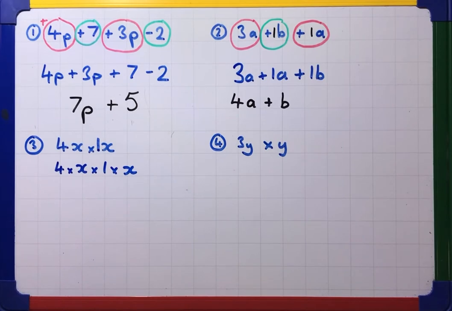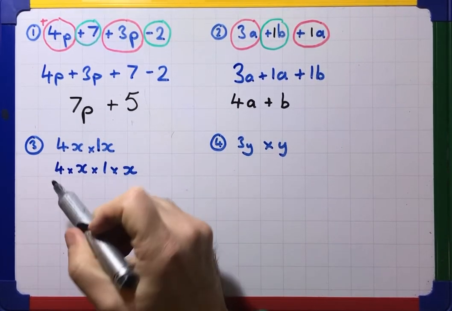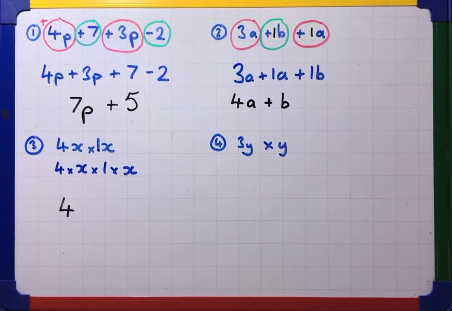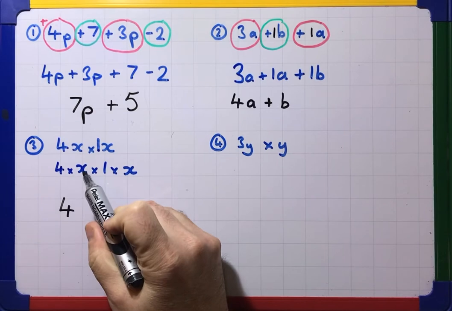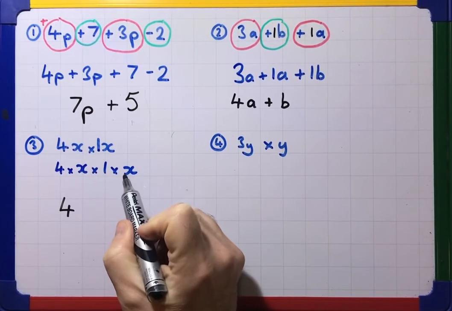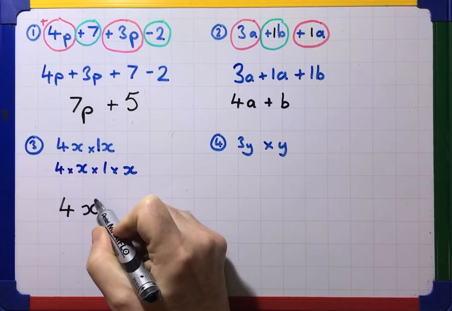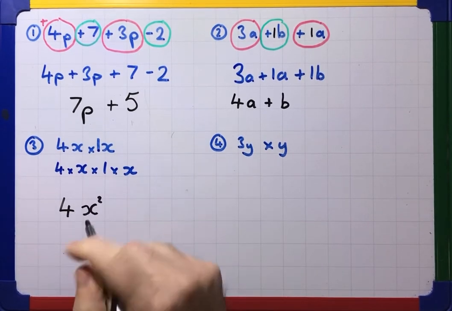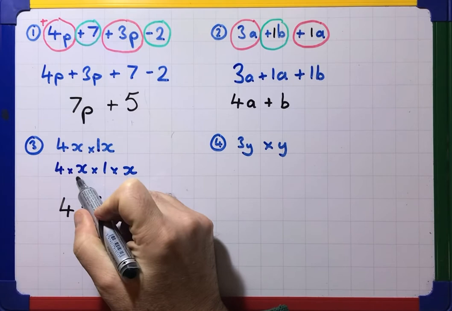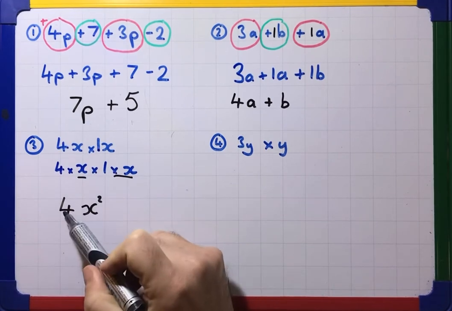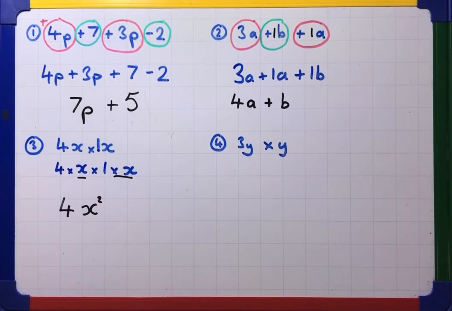Let's do them separately, the two bits. If I do 4 times 1, it just gives me 4, doesn't it? But look, x times x, we have a special way of writing x times x, if you remember, and that's we put a 2 up there. That means x times x, okay? That's what it stands for. So this one would stand for 4x squared.